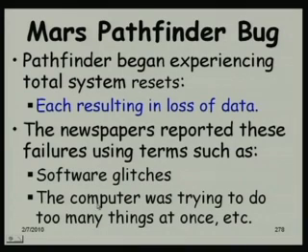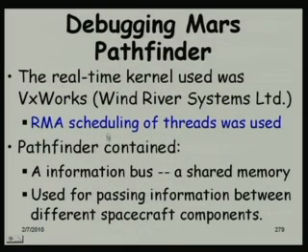Those were other reports, and the Pathfinder actually was using a real time kernel, which we will discuss later, a type of commercial operating system, the VxWorks, whose vendor is Wind River Systems, who sell this VxWorks real time operating system, and RMA scheduling of the threads was used.